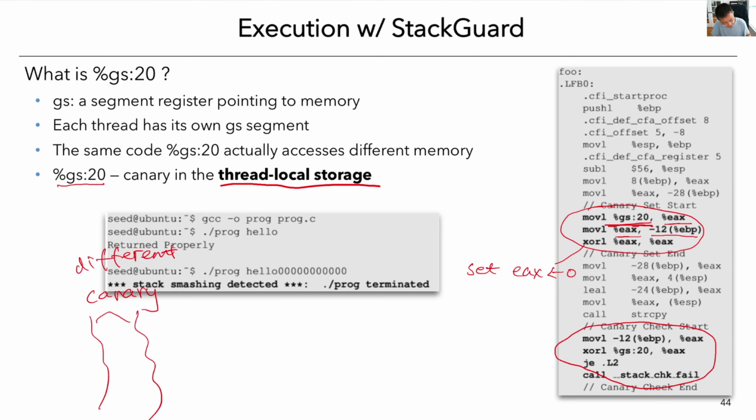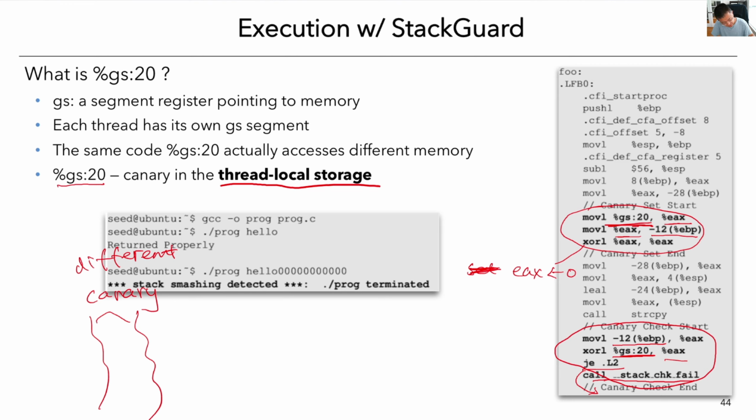We use XOR because it's faster than the move instruction. Then in the epilogue, we move EBP minus 12 into EAX and compare the canary with EAX. If they are equal, we return from this function. Otherwise, it calls the stack check fail function, which raises an alert that the canary has been changed.